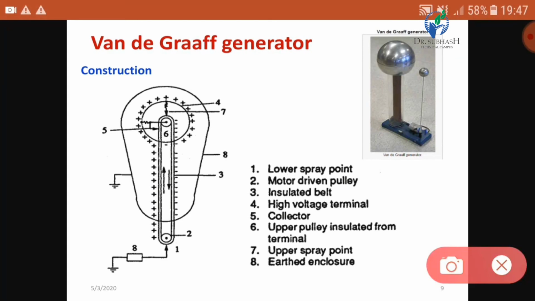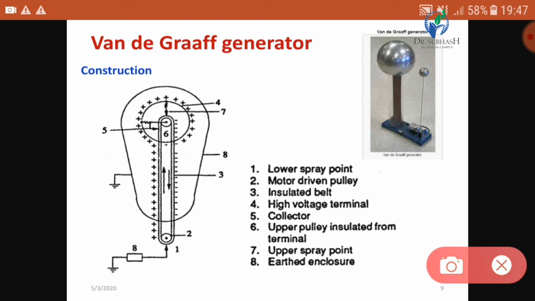Now what is the working principle, or how the charge is spread in the hollow sphere? So in this figure we can see the belt is placed on two pulleys. Pulleys are made from metals and belt is made from insulating materials.